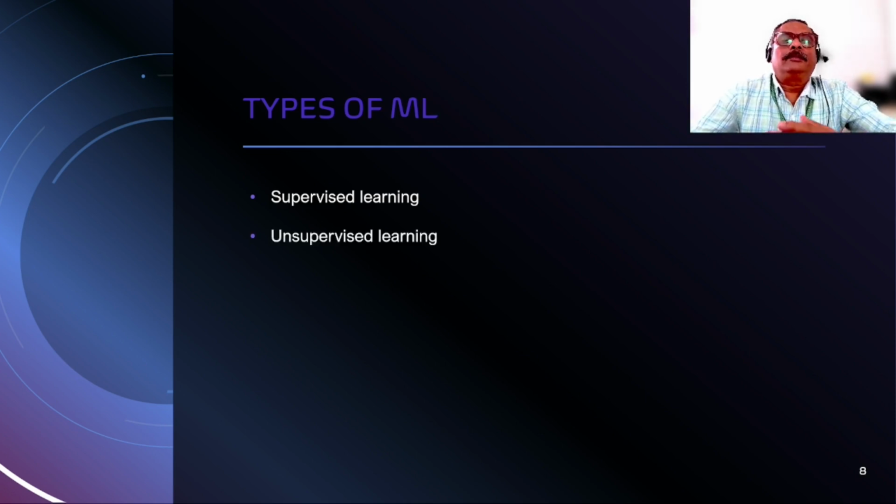There's another one where only inputs are available, no output is available, and from the inputs the features are extracted, and the inputs having common features are clustered together. So there is something like clustering we can do. Or when we try to find the features, usually the number of features is quite less than the data itself.